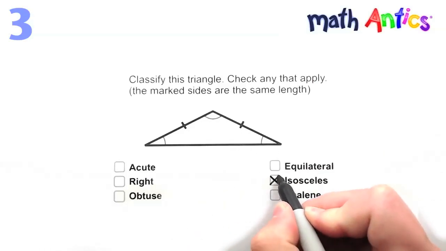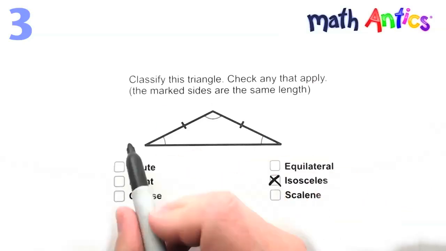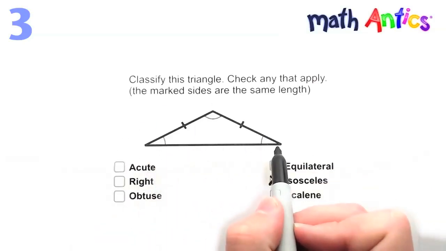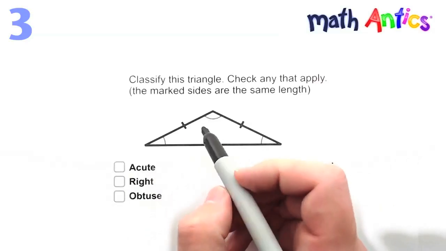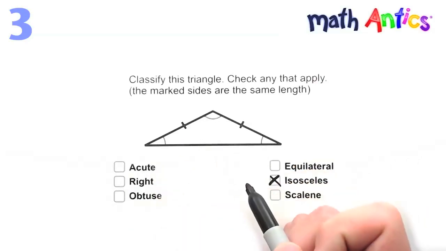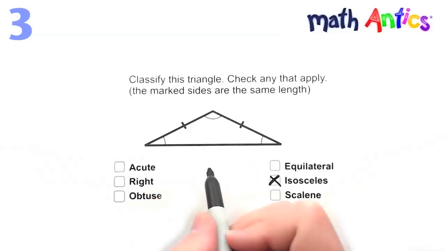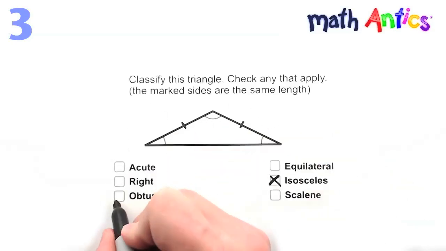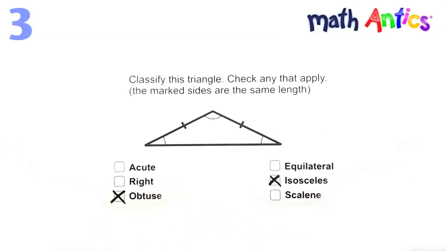So we'll mark that. And then what about the angles? These two angles here are clearly acute angles, but this angle here is greater than 90 degrees, so this is an obtuse angle. And if a triangle has an obtuse angle, the whole triangle is considered an obtuse triangle. So we'll mark that one there. So this triangle is obtuse and isosceles.